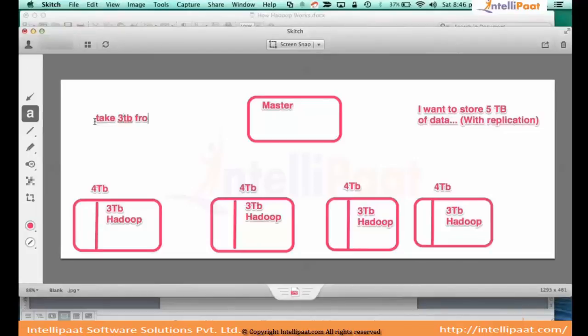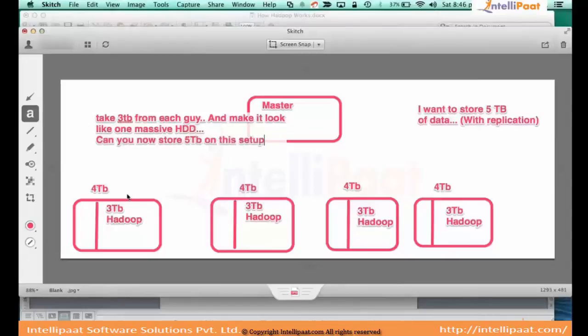take 3 TB from each guy and make it look like one massive hard disk. Now tell me, can you now store 5 TB on this setup?